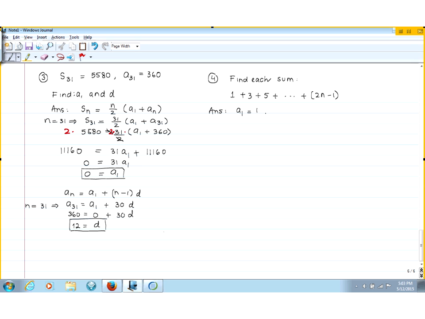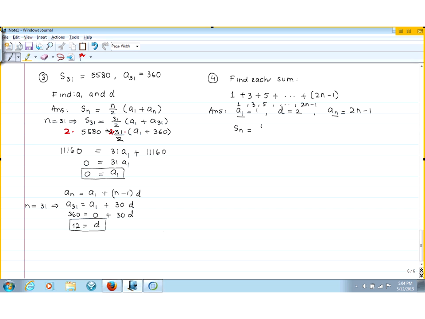We know that A1 is 1, and the difference between each, 1, 3, 5, is d equal to 2, and we know that an is equal to 2n minus 1.